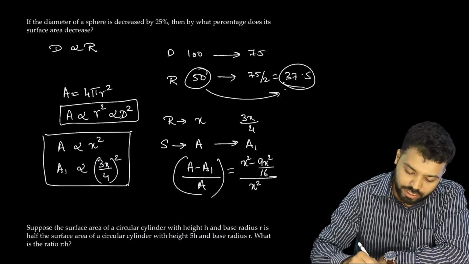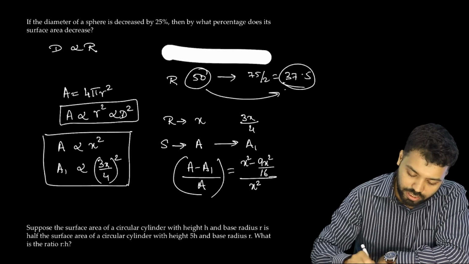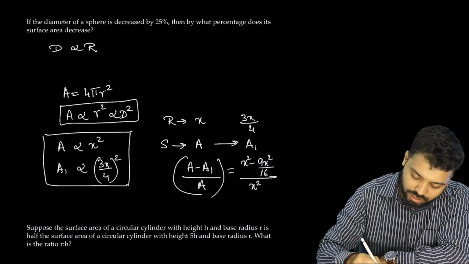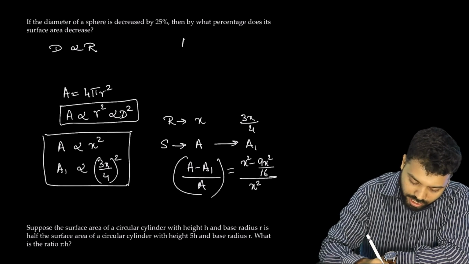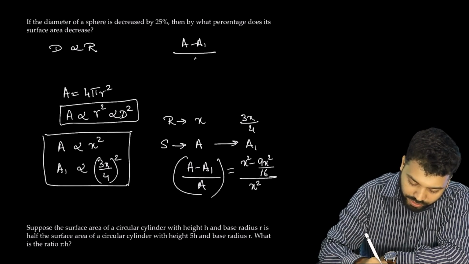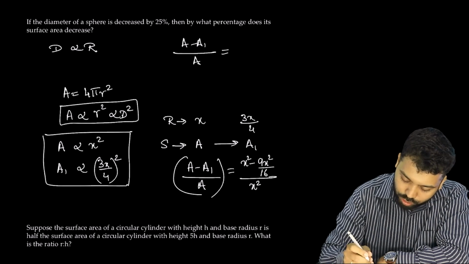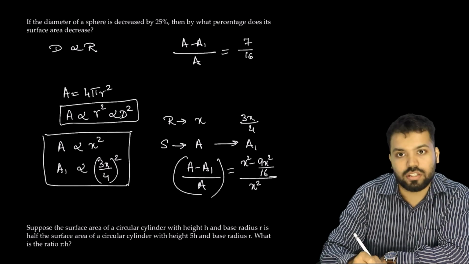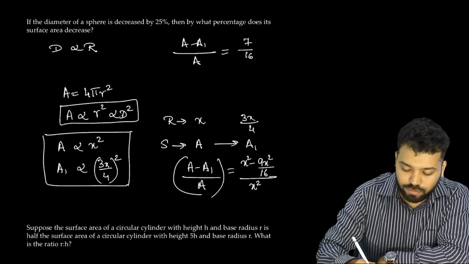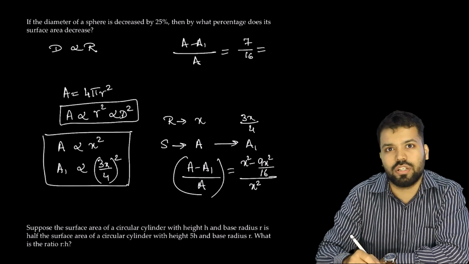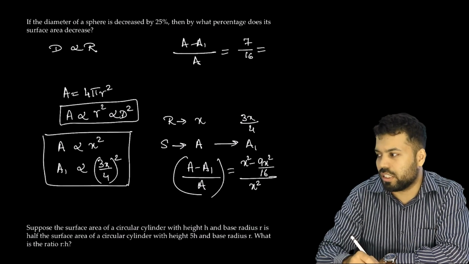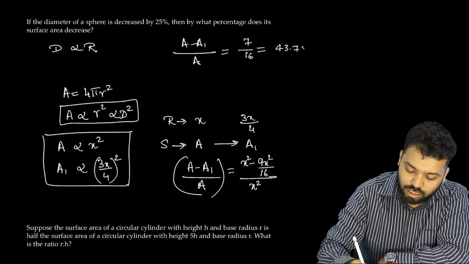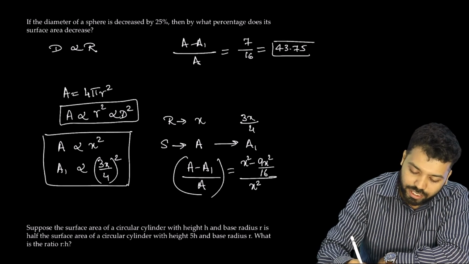Simplifying this, I'll erase this part. This is not needed. Simplifying this, we get A minus A1 divided by A equal to 7 by 16. And if you want to take the percentage, it comes out to be 43.75. You just take the decimal part of this and multiply it by 100.